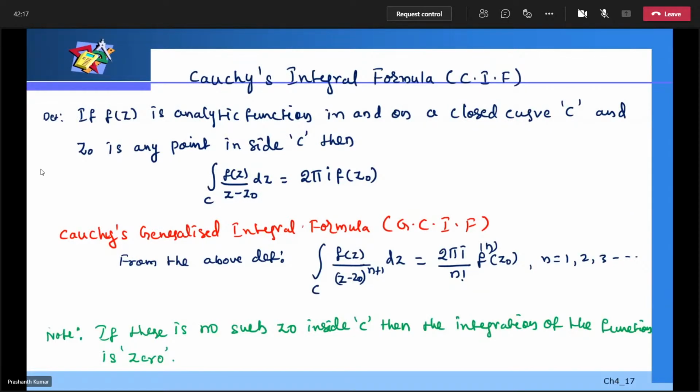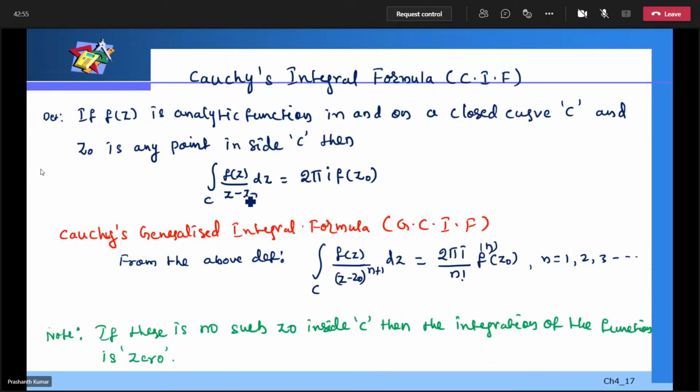What it is showing: if f of z is an analytic function in and on a closed curve C, and z0 is any point inside C, a closed curve C we are considering, then integral over C f of z by z minus z0 dz is equal to 2 pi i f of z0. This is the answer. 2 pi i into f of z0. This is the Cauchy's integral formula.